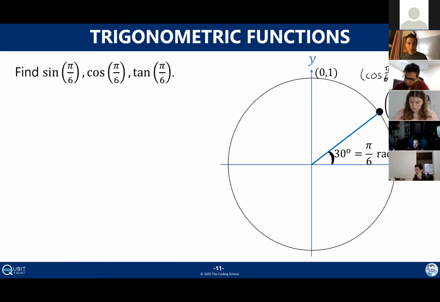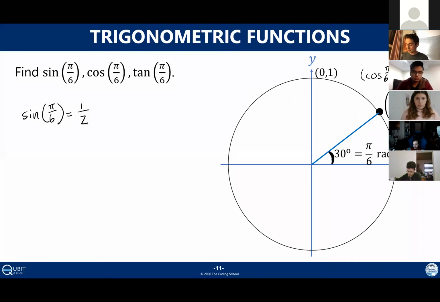Now, how do we actually find sine, cos, and tan? Well, we do the same trick that we had in the previous slide, which is to say that the y coordinates, sine pi/6 and 1/2, must be the same because it's talking about the same point. So sine of pi/6, the y coordinate, has to be equal to the y coordinate we're given, which is 1/2. Same argument for cos pi/6.